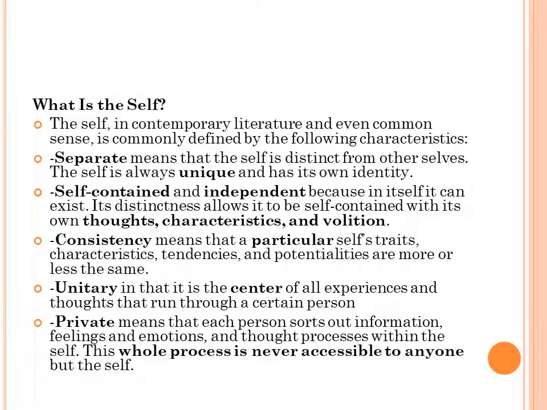So for example, person A has their own thoughts, characteristics, and volition, and it can be different or the same as person B's. That's why we have different political views, religious views, and opinions, because our sense of self is contained and independent.